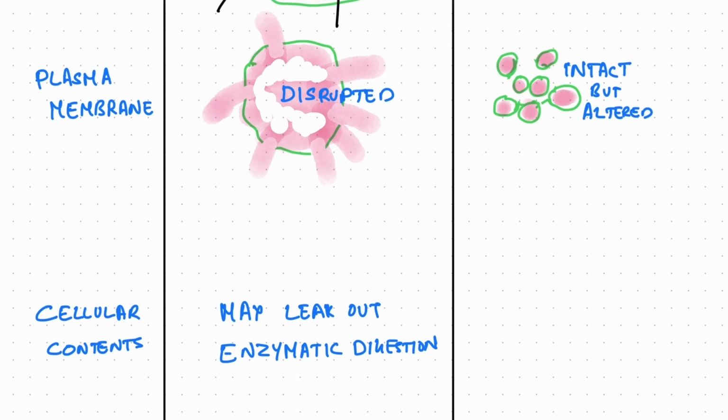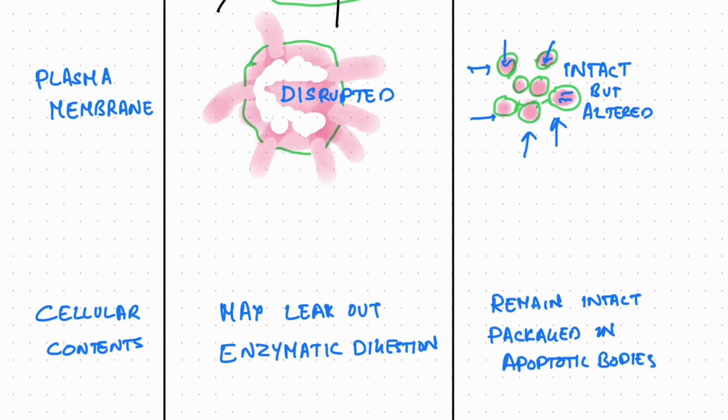In apoptosis, the cellular contents don't simply spill out. The cell is fragmented into small membrane-bound apoptotic bodies. These contain portions of the cytoplasm, organelles, and sometimes nuclear fragments. They can be rapidly engulfed by phagocytes.